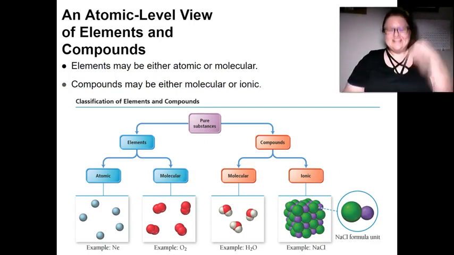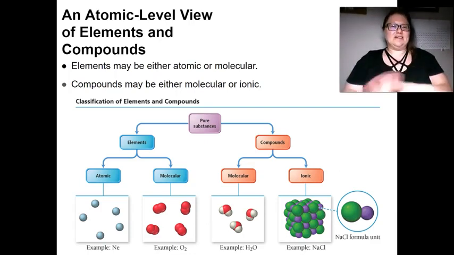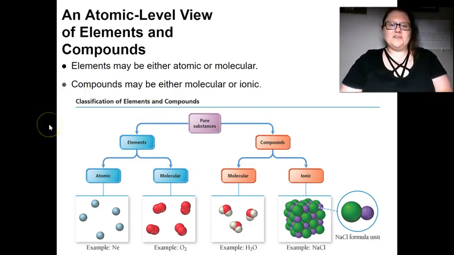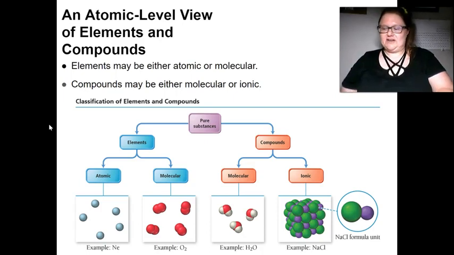All right, anyway. So here we are, an atomic level view of elements and compounds. So I really like charts like this. It helps with all the terminology we go through in the beginning of the course. So let's review. Elements can be either atomic, which means just one atom per that element, okay?